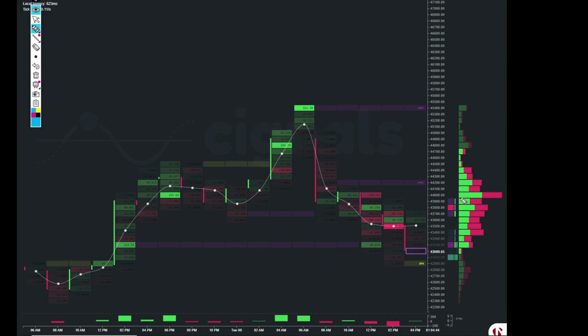Right now, this profile has an upper and a lower area where there's deeper value outside of the value area. These are the areas of the profile when it has two tails, you're getting that balance because eventually it's going to create that D shape. It's already working on it.